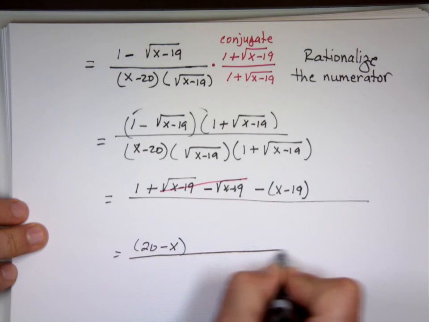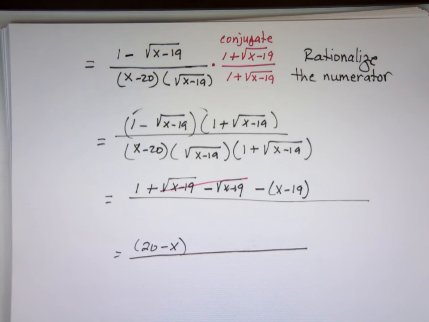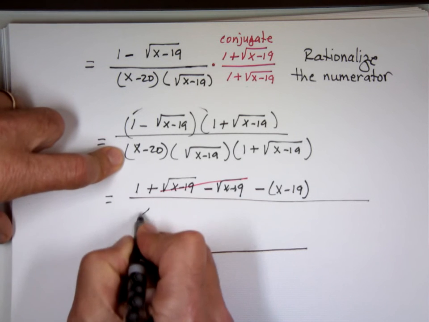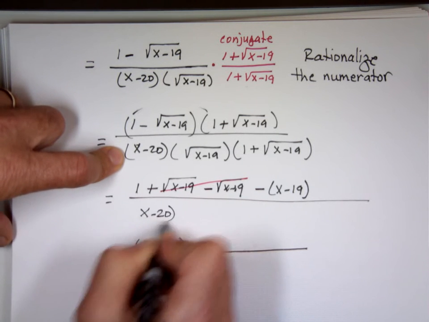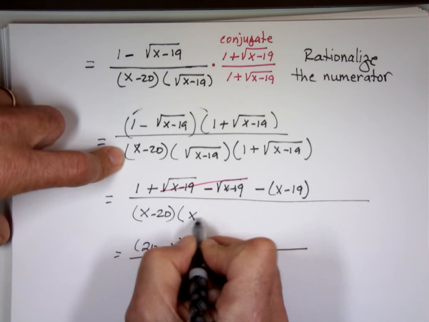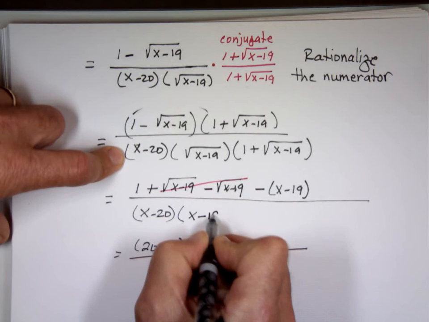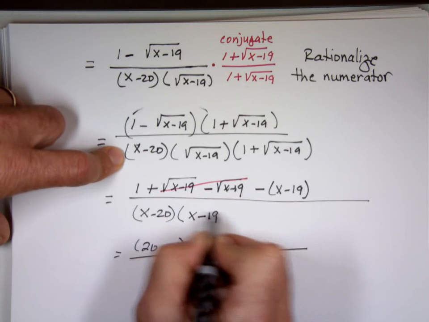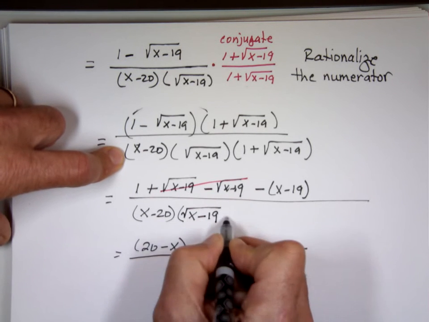Let's look at the bottom. The bottom, x minus 20. Maybe I can multiply the last two. This times that will be what? X minus 19, the square root of that, plus this times that, which is what?